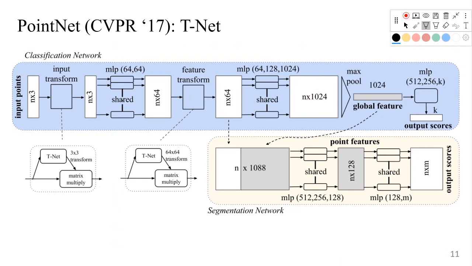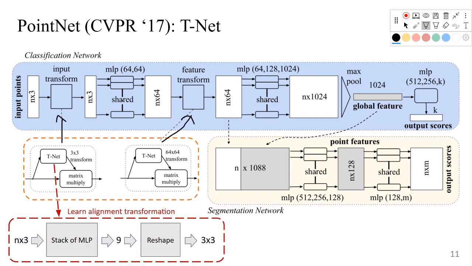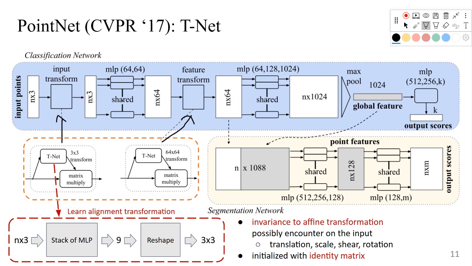Let's see the TNet. We excluded this block earlier, and let's discuss why we have this. Okay, so TNet corresponds to this block, and we also have another TNet in this other block here. So at a high level, in real world scenarios, all the point clouds will probably have different poses, right?